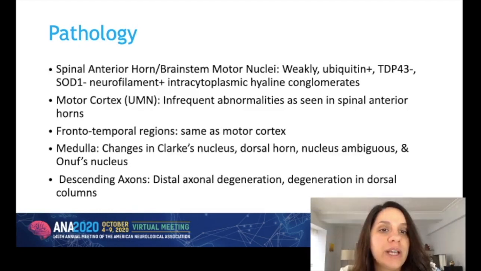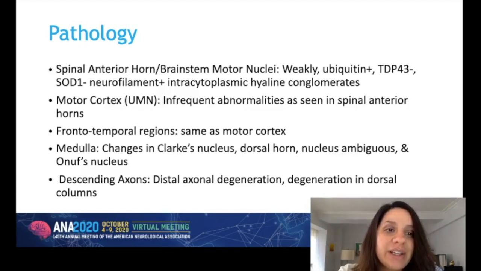The motor cortex also has these conglomerates, but it's more infrequent than in the spinal anterior horn. And frontal and temporal regions may also contain these conglomerates, but even more infrequently than in the motor cortex.